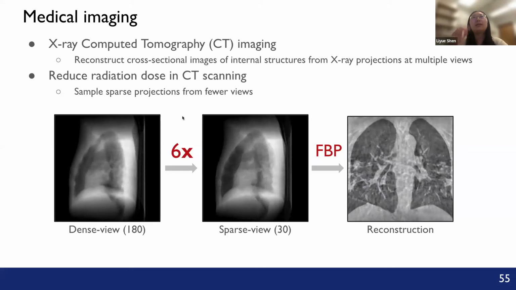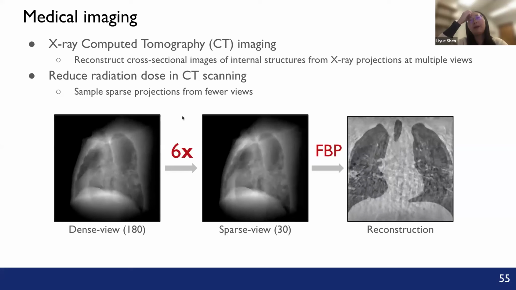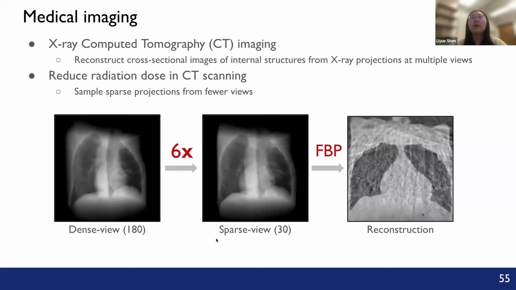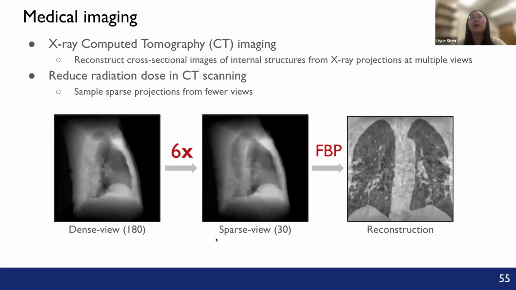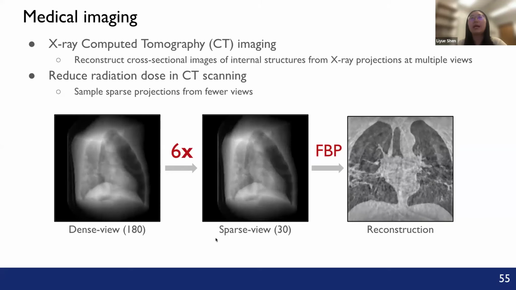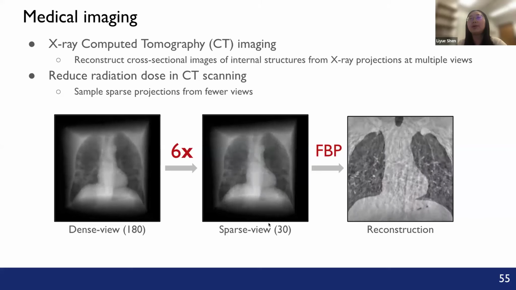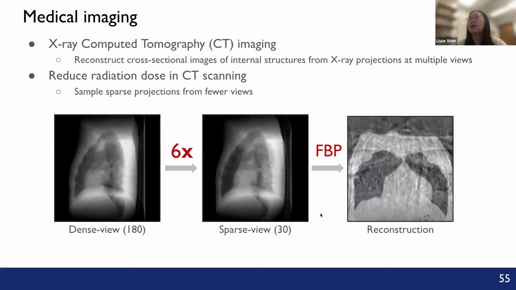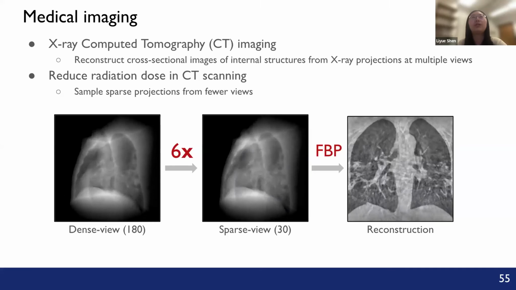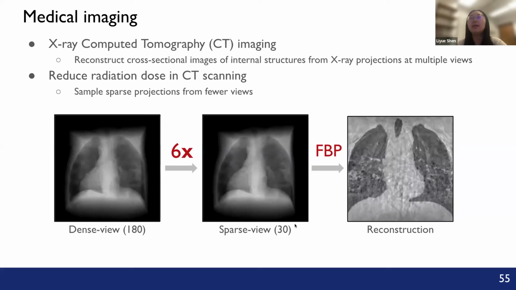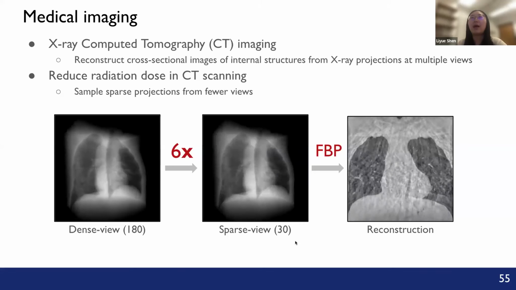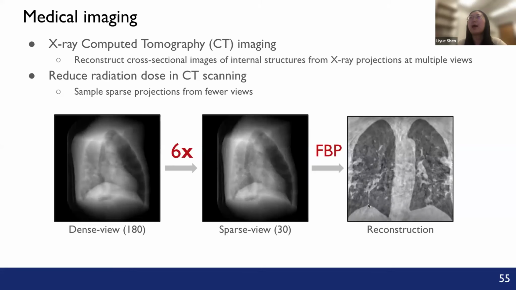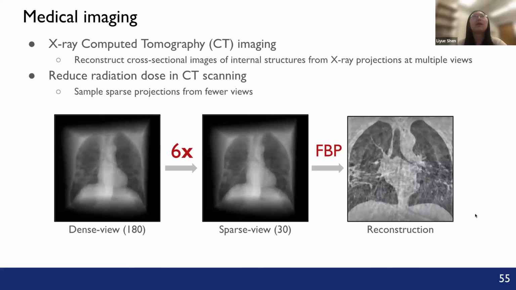But usually CT scanning exposes patients to a radiation dose, which means that if we could reduce the sampling and get the projections from fewer angles, that would be much better for patients to reduce the radiation exposure during CT scanning. But in that way, if we use the conventional approach for reconstruction, you can see the reconstructed images will have a lot of artifacts.